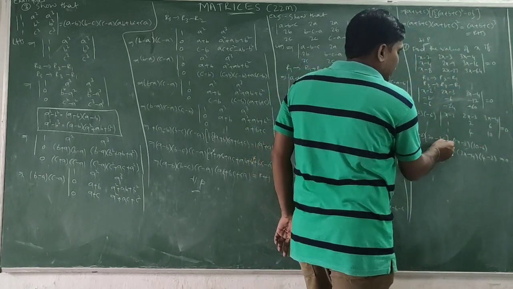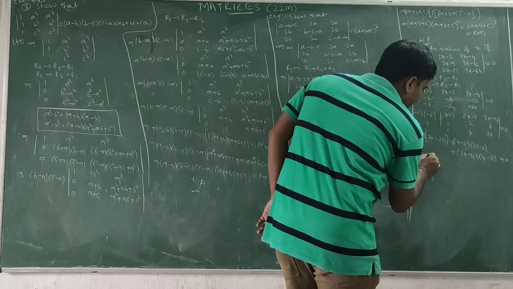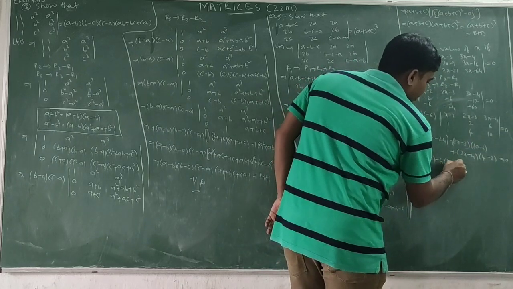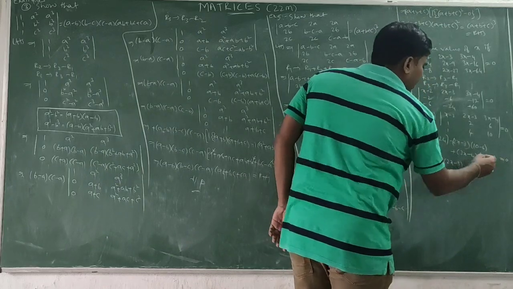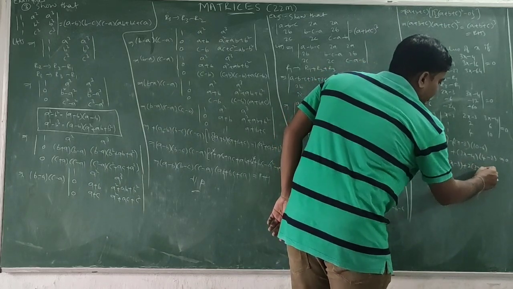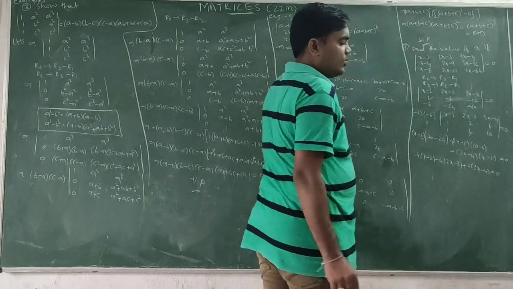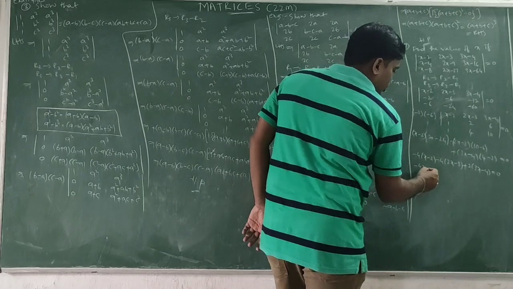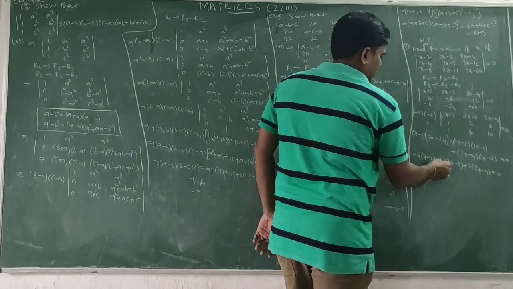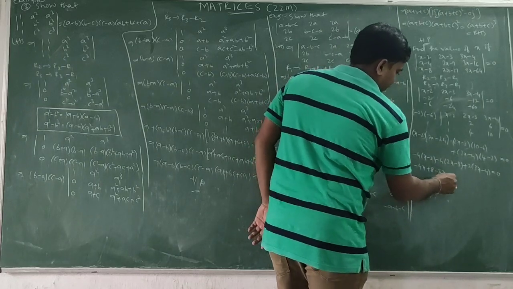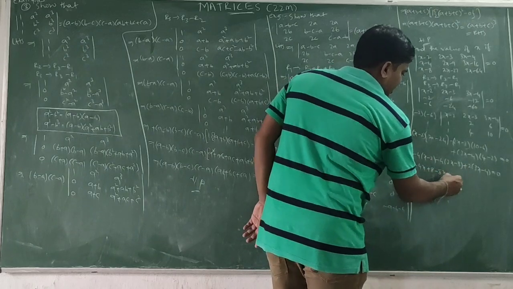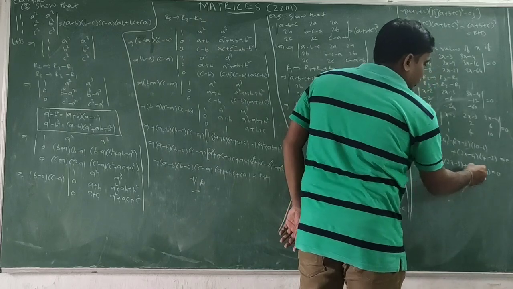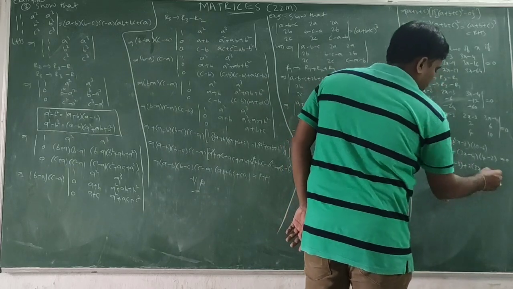So 20 minus 24 is minus 4 of x minus 2, 10 minus 6 is 4, minus 4 of 2x minus 3, 4 minus 2 is 2 of 3x minus 4. Next, minus 4 into x is minus 4x, minus 4 into 2 is minus 8, then minus 8x plus 12, then 6x minus 8, equal to 0.